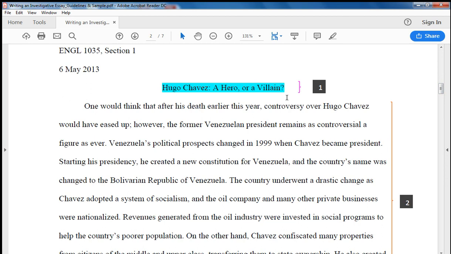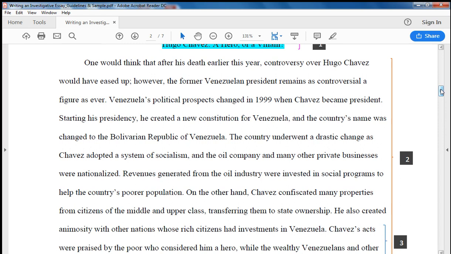"Hugo Chavez, a hero or a villain?" In presenting her essay title in the form of a question, the student avoids indicating her stance or her opinion on this controversy. And so she maintains her neutrality, which you definitely want to do in selecting a title for your essay.